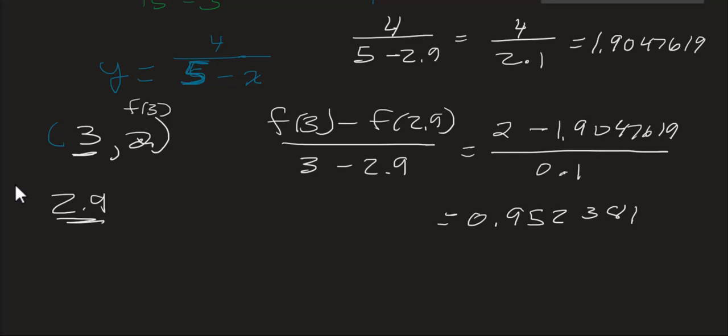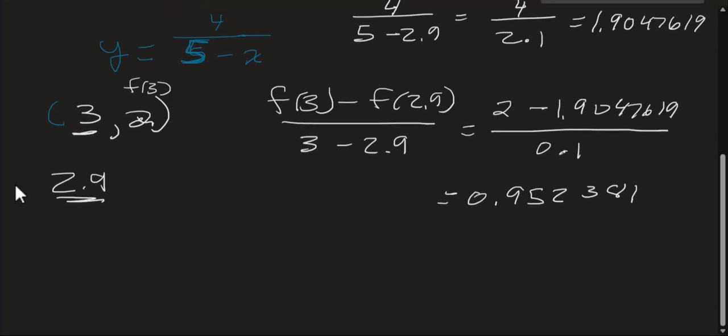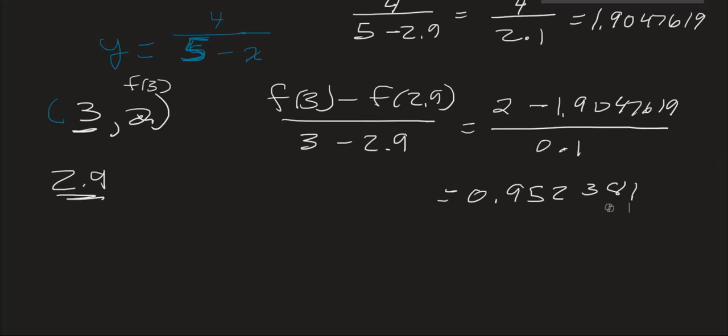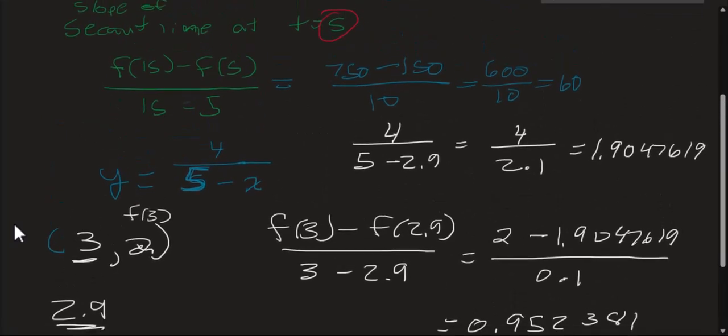That's all you have to do for these, and unfortunately there's a bunch of them. You just get the results, then look at all of the results, and based on them you come up with your estimate of the slope of the tangent line.